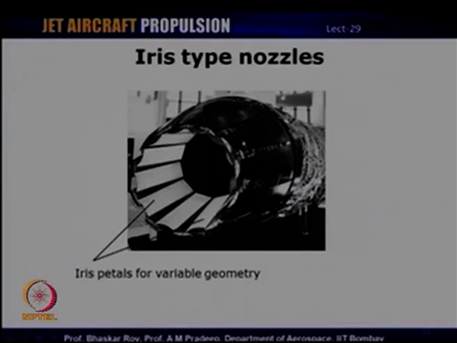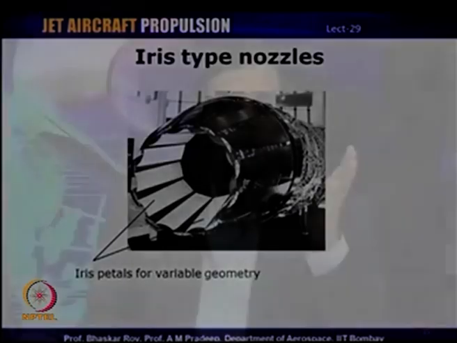So, this is the nozzle outlet or outer surface, and what you see here is the inner surface, and this is a nozzle which can also be vectored, or the orientation of the nozzle can be changed to achieve vectored thrust. So, these petals, the area can be varied, as you can see here. If they are closer together, it will result in a lesser exit area, and if they are spread out, one gets a larger nozzle exit area, especially required for operation with afterburner.